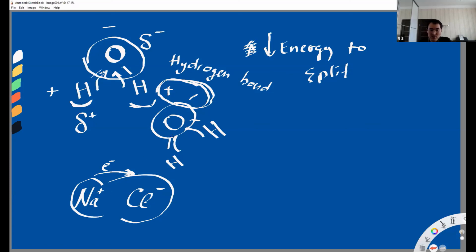Whenever we dissolve sodium chloride in water, a lot of water molecules with the negatively charged region come to the sodium, and a lot of positively charged regions come to the chlorine.